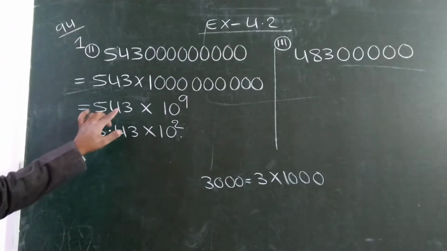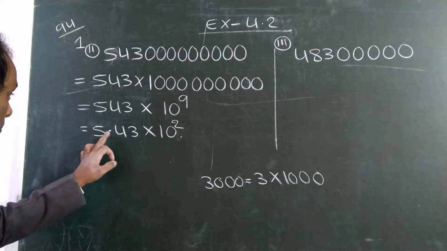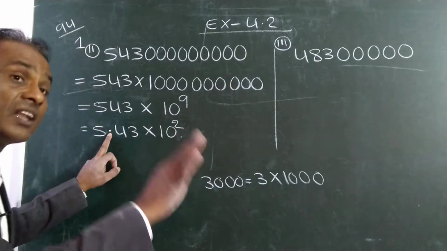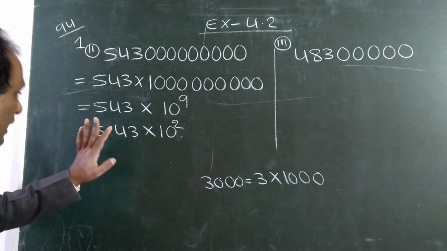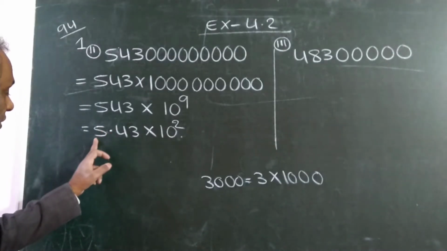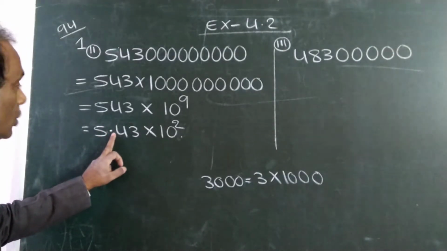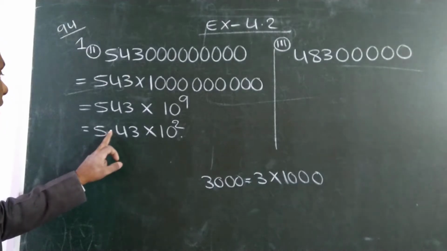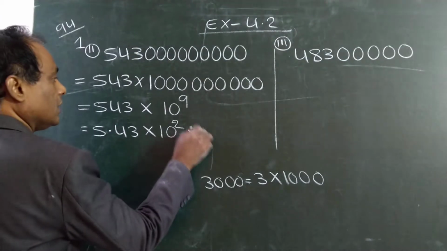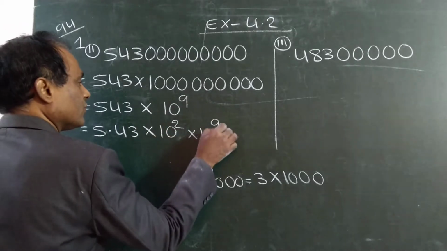That's all. 543 can be written as 5.43 into 10 power 2. Always the answer should be like this only: in the answer, the decimal should be after one digit. So we want a decimal here. For that, after the decimal 2 digits means 10 power 2, into 10 power 9 as it is.